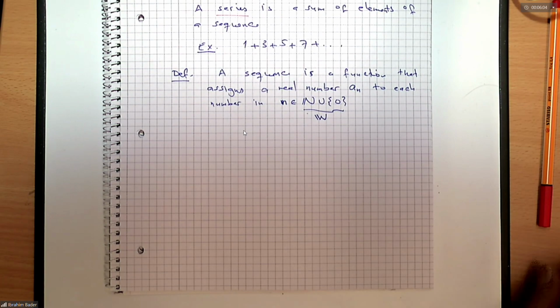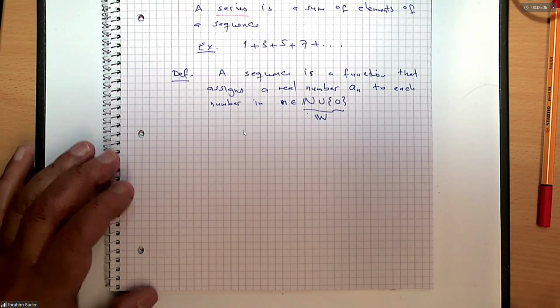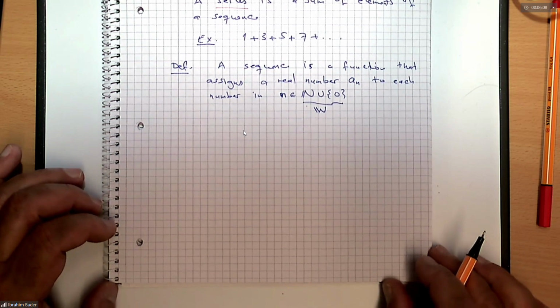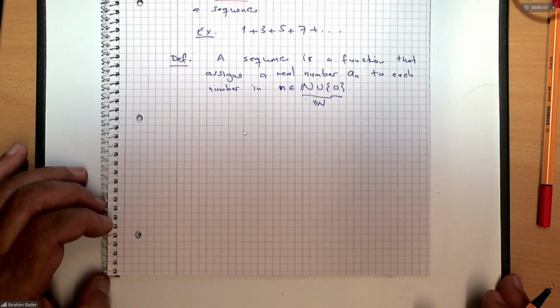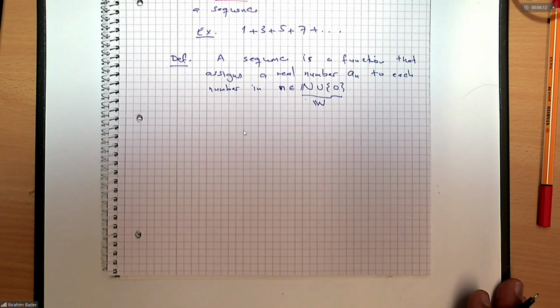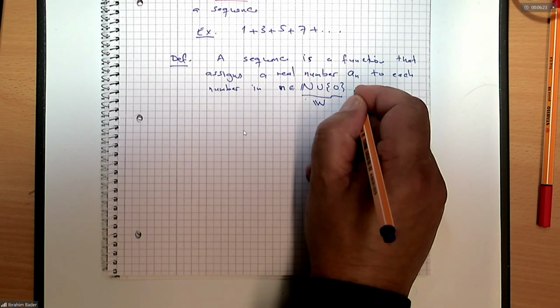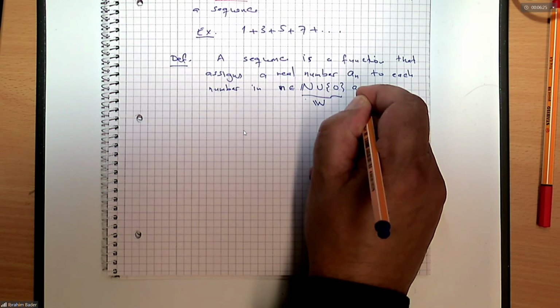So here it's important, if we talk about sequences, and later about series, you just define the starting index, because the first element plays a very decisive role, okay? So as follows.